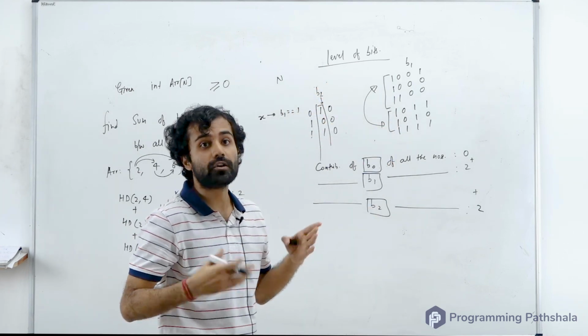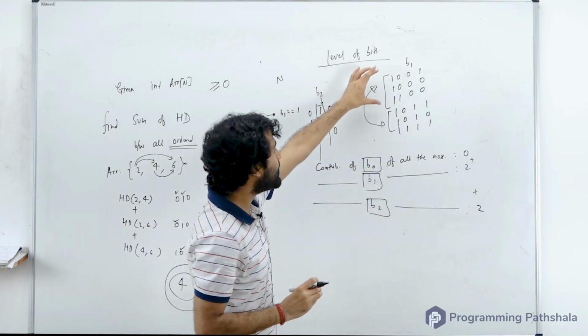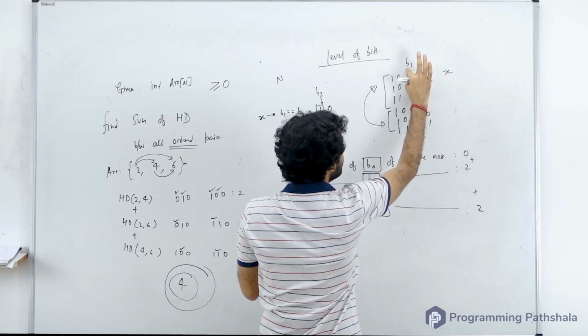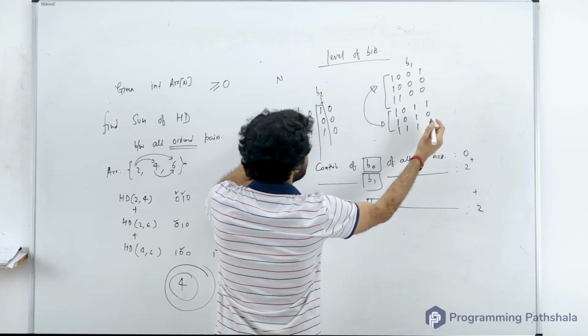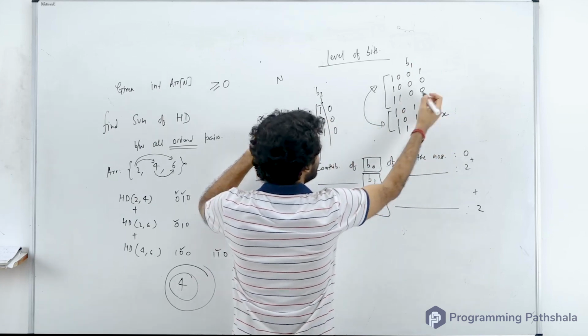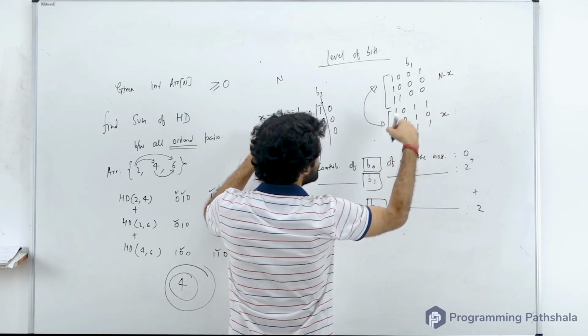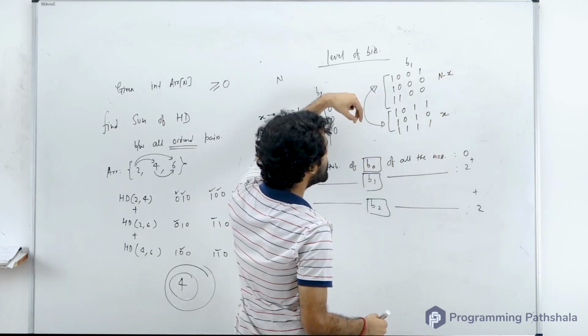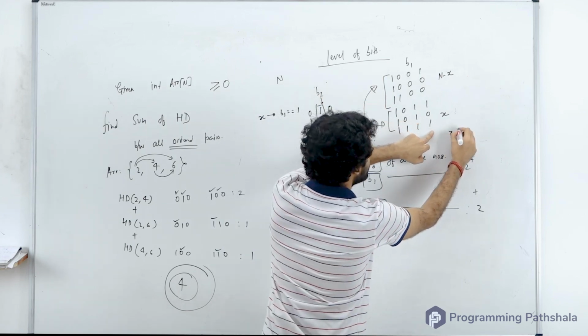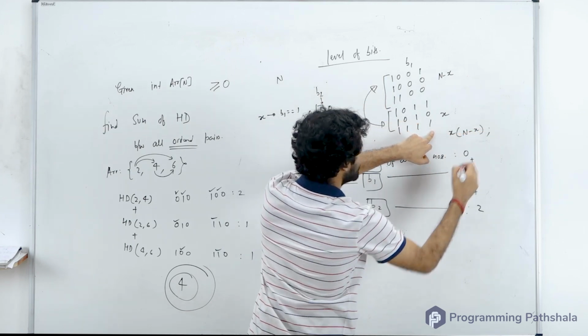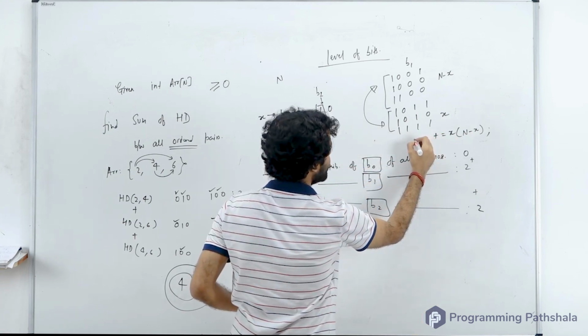And how many cross bucket choices can you make? If there are x numbers whose b1 is 1, that automatically means that there are n minus x numbers whose b1 is 0. So the total number of choices will be frequency of this into frequency of this, which is x into n minus x. And you can add this to your answer.